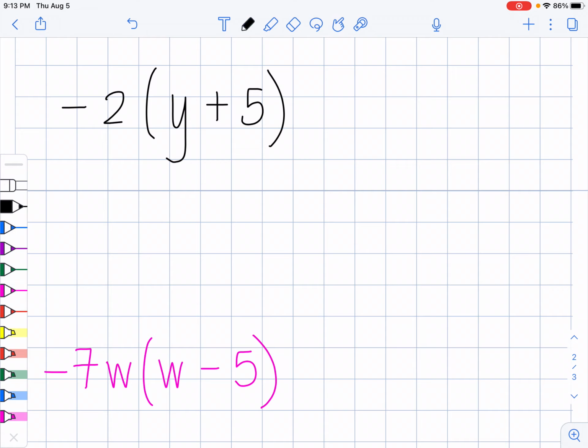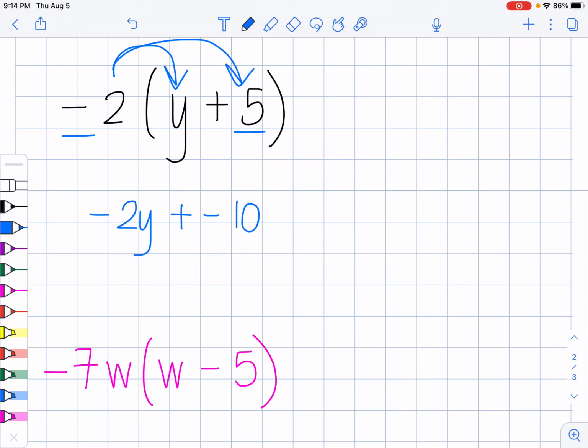So in -2 times the quantity y plus 5, I'm going to make sure I take this -2 and multiply it by everything on the inside. So I have -2 times y is -2y. And -2 times a positive 5, remember a negative times a positive is a negative, and you can either write it plus a negative 10, or you could write it minus 10.